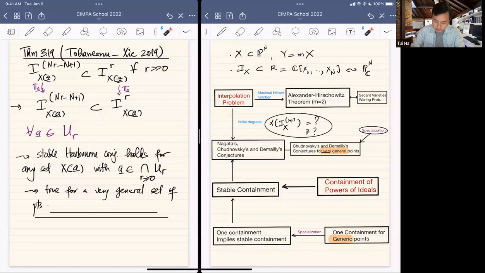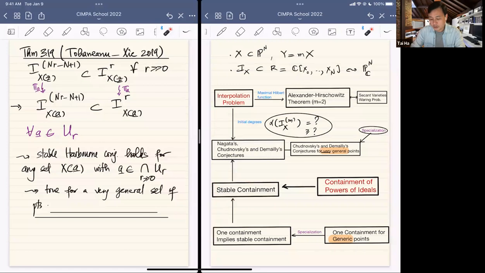For this conjecture, specifically, one does not need the full statement of the containments. We really need this containment for power r big enough, or for infinitely many values of the power r. So we are interested in the stable containments.